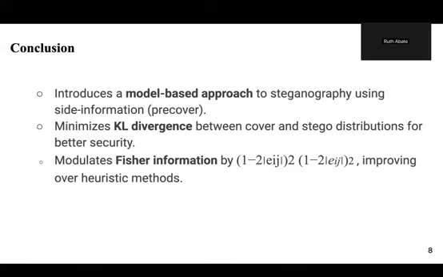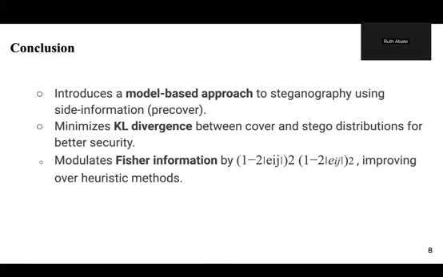By contrast, the model-based approach proposed in this research moves away from those uncertainties, providing a more systematic, mathematical, and theoretically sound framework for hiding information. A key innovation in this approach is the use of side information, specifically through the concept of a precover.